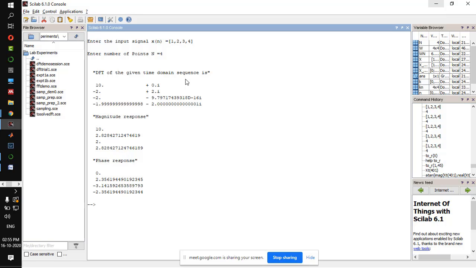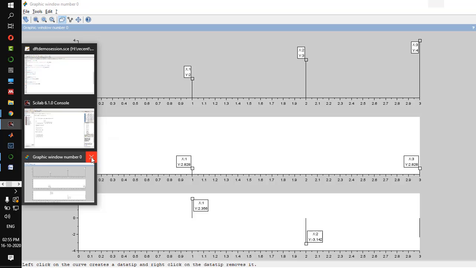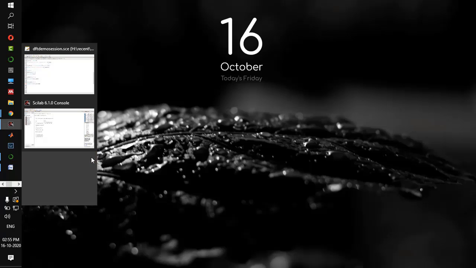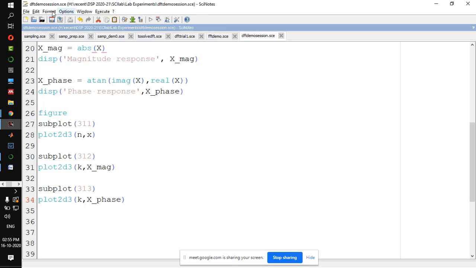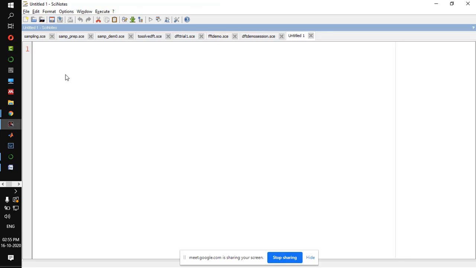Let me close the window and move back. This is not a part of your experiment, I am just trying to convince you how to visualize time and frequency.